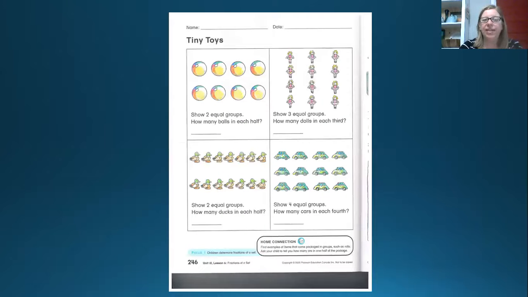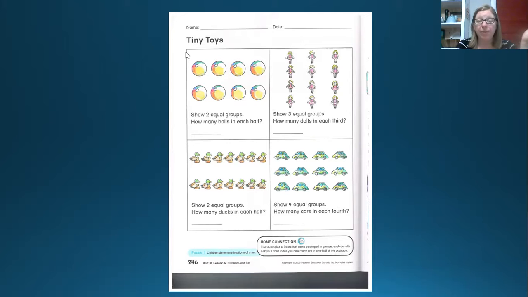And so that brings us to our activity page for the day. I know, very short lesson, right? But it's short because we have already covered this same idea when we talked about division. We're just practicing what it means to do half, a third, and a fourth for today.